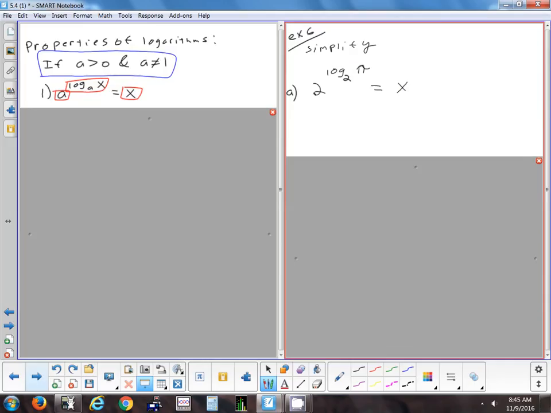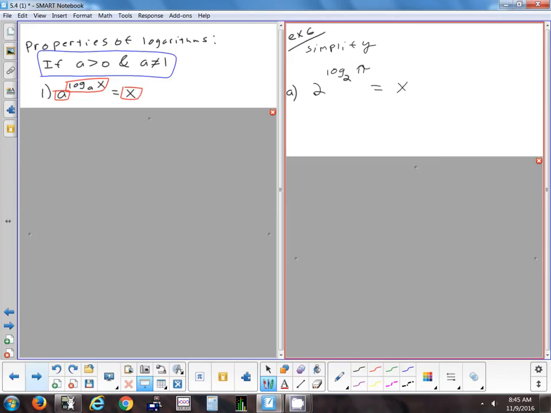It's just like example 6a. 2 to the log base 2 of pi. What ends up happening if you want to simplify this, okay, pretty much everything cancels out because the bases match. That's the key. The base on the log matches the base here. And the answer that you get is whatever is sitting right there.